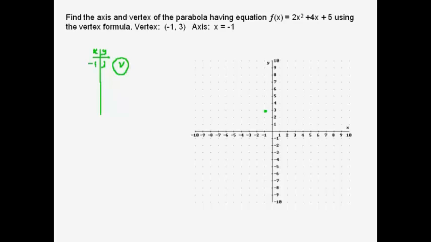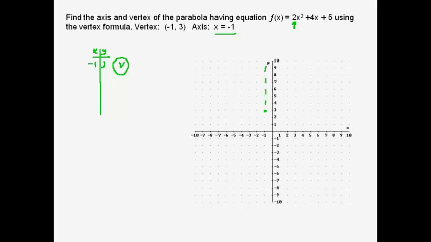Think about that. Again, the a number is in front of x squared. What is it? It's positive, so I'm thinking it's going to smile. It's going to go this direction. Now that axis is going to go through x at -1 if we extend that dotted line downward. So once you get the vertex, you've got the axis as well.